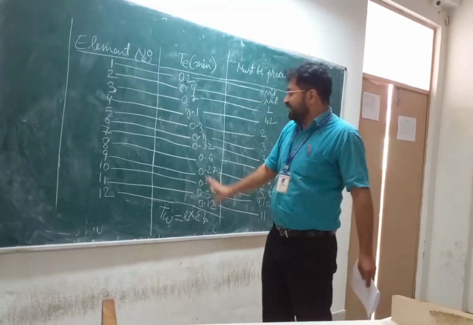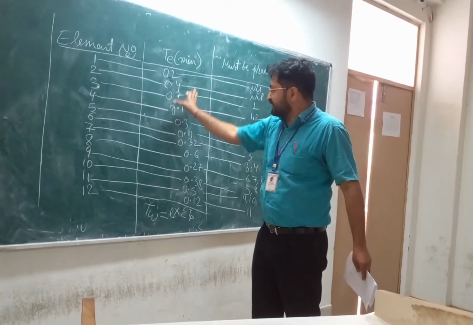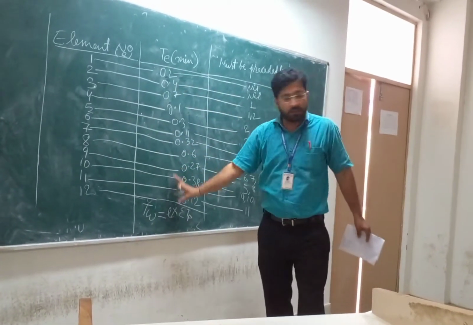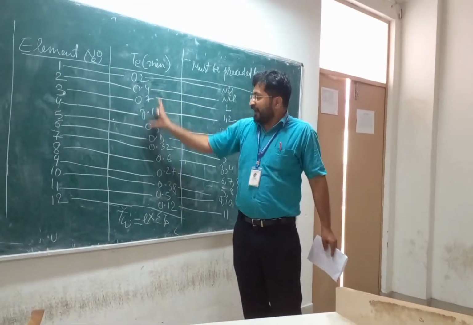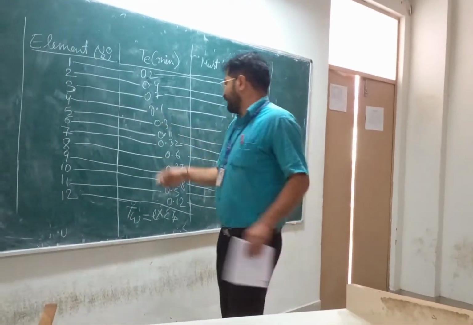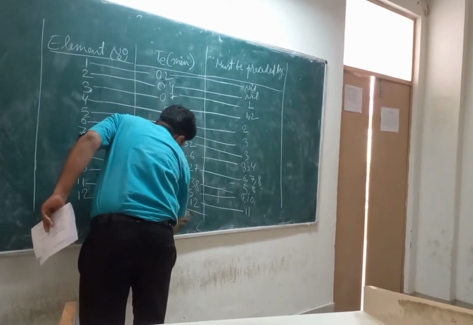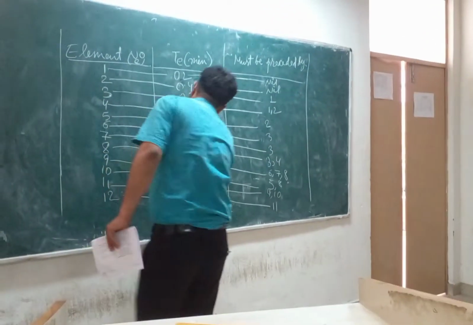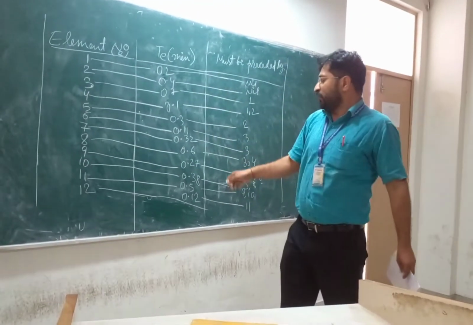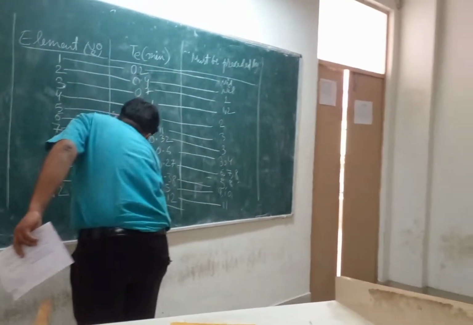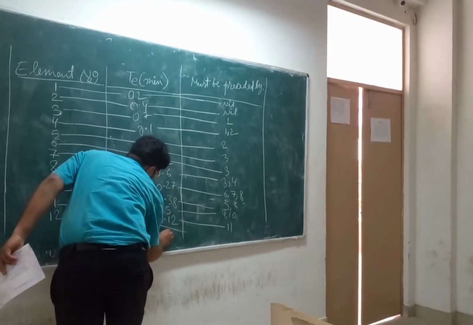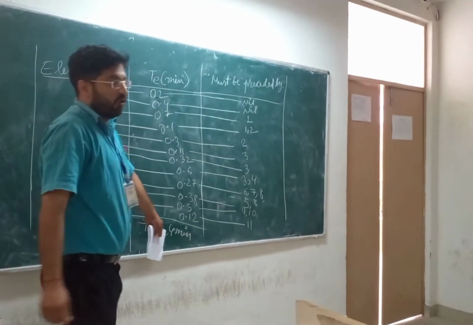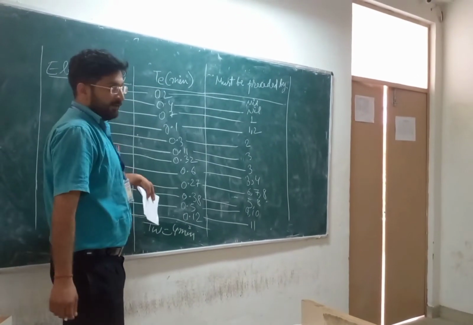We will simply add all the process times here. If I add all these process times, I will get TW as 4 minutes.